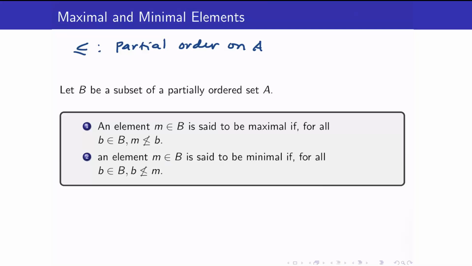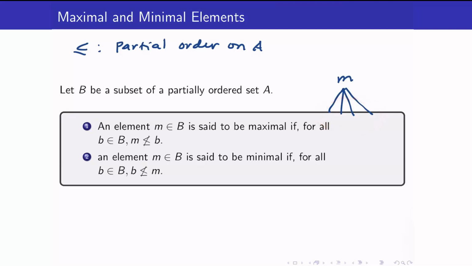Let me just draw it here so that the definition is on the screen. So again, this is saying that if this is my M, all the elements of your set B should be below it if you draw the Hasse diagram.